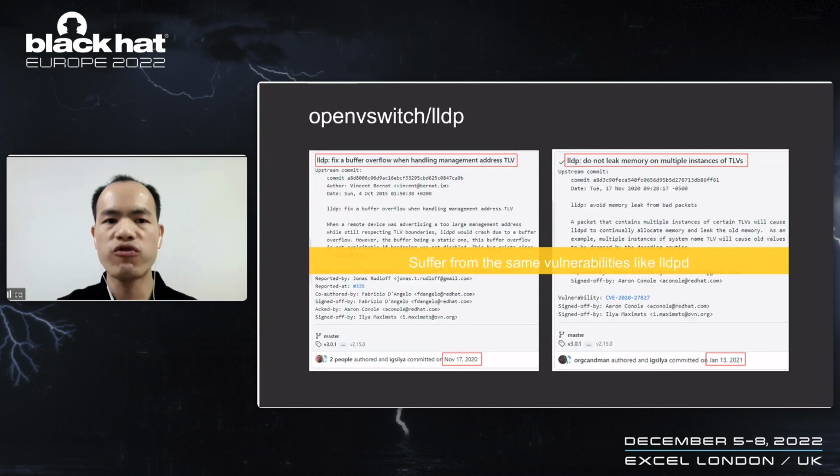Since it comes from the LLDPD project, it suffers from the same vulnerabilities as LLDPD. As we can see, the older buffer overflow vulnerability was not fixed until November 2020. On the other hand, although these vulnerabilities were fixed in the Open vSwitch project, it doesn't mean that the products using this module also fixed them.